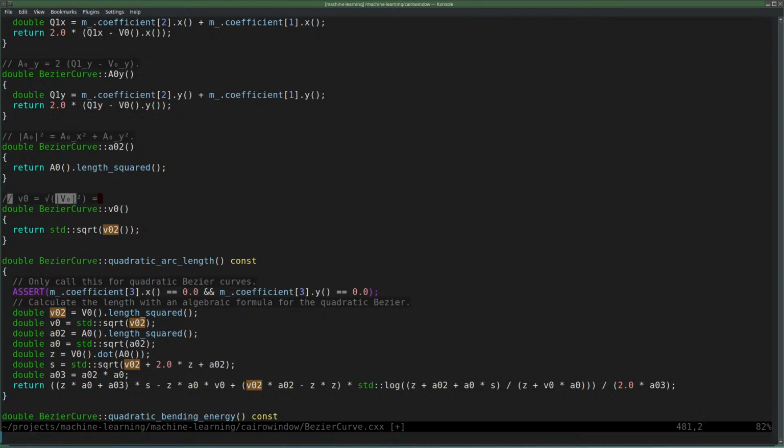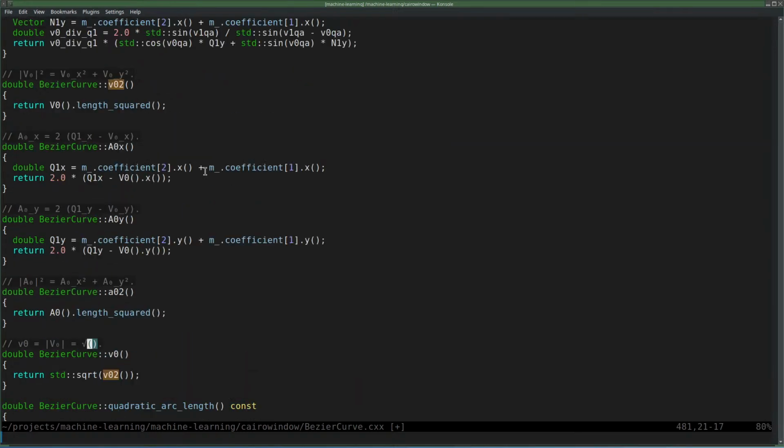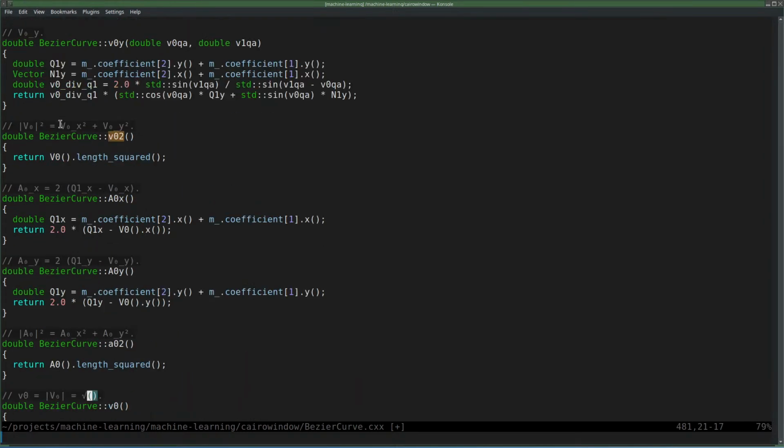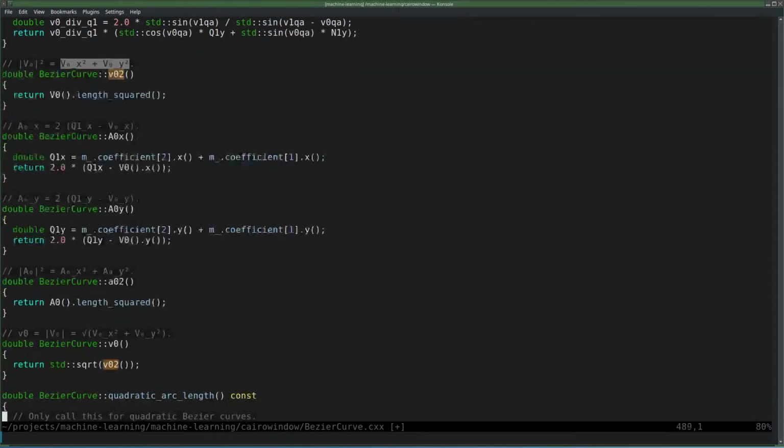Yeah, let's forget about square root, well, for a moment, and then just fill in the squares. Here, this. Square root of these things squared.